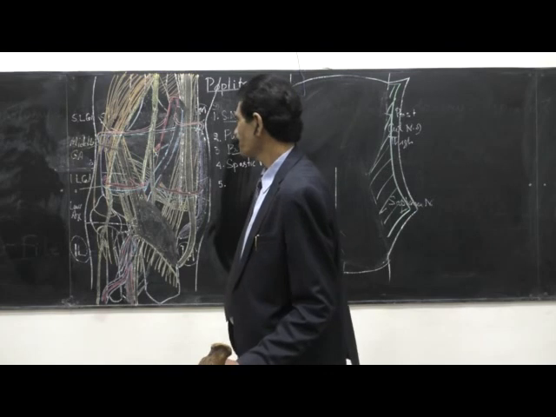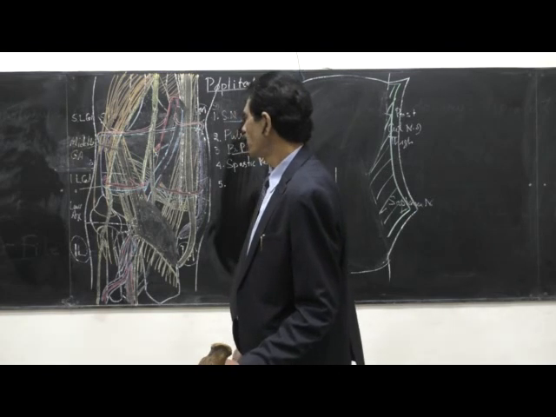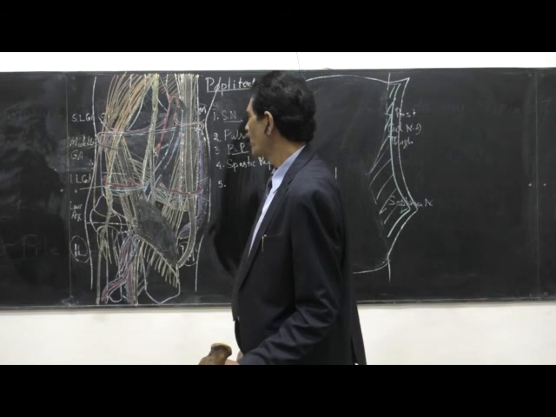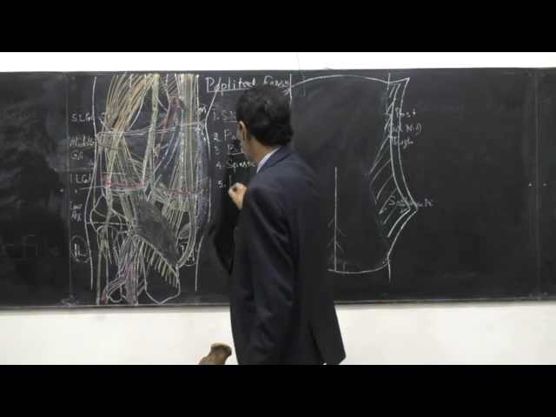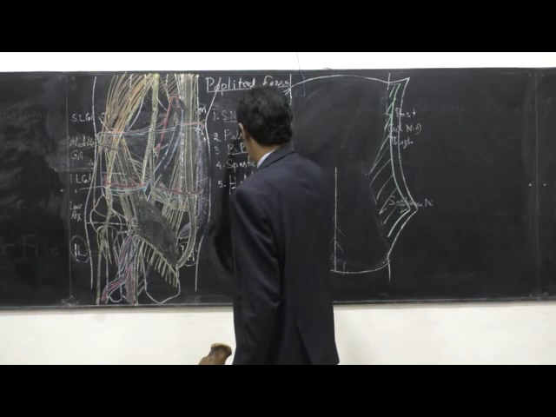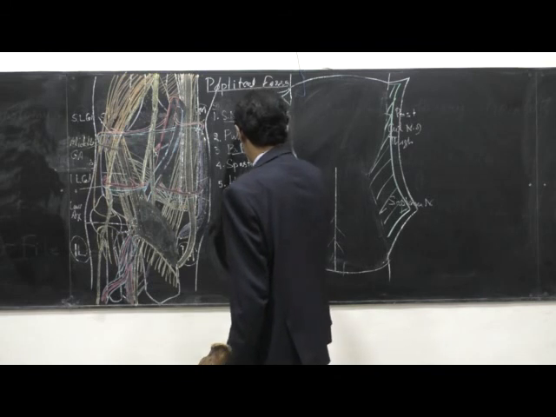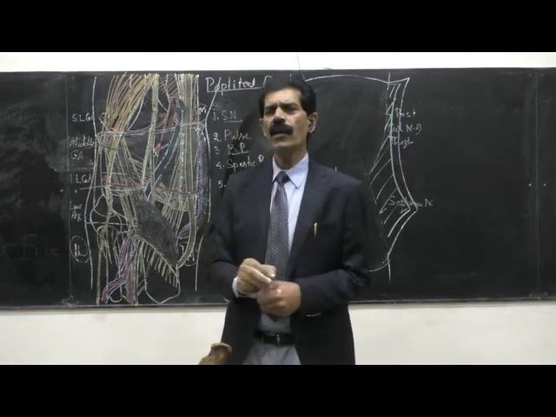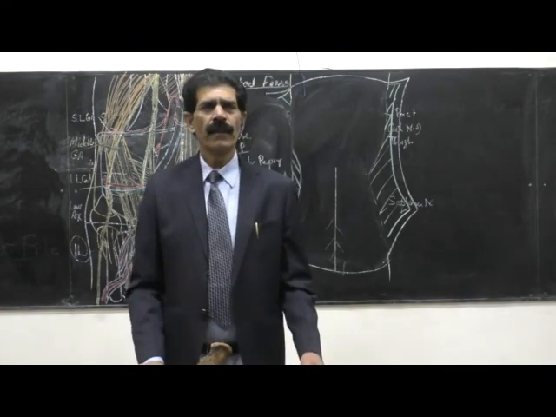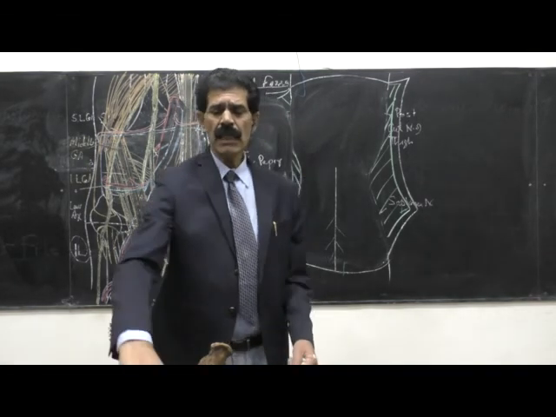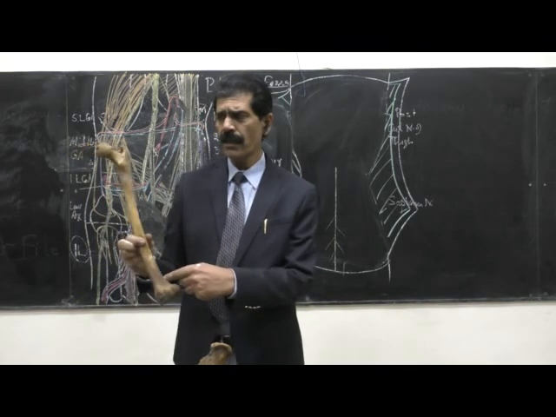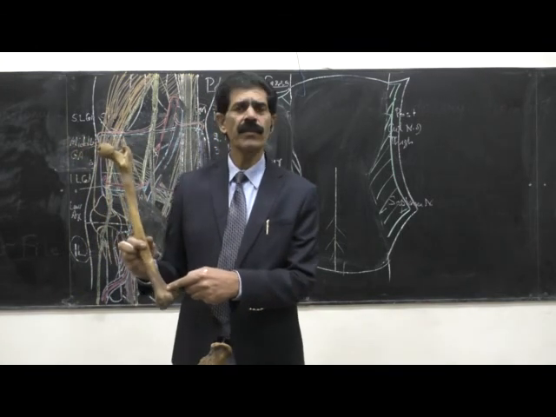Then the popliteal fossa is also very useful in case of the fracture of the lower end of the femur. If a patient comes with a fracture of the lower end of the femur, an orthopedician should know the relationship of the popliteal artery with the popliteal surface of the femur.